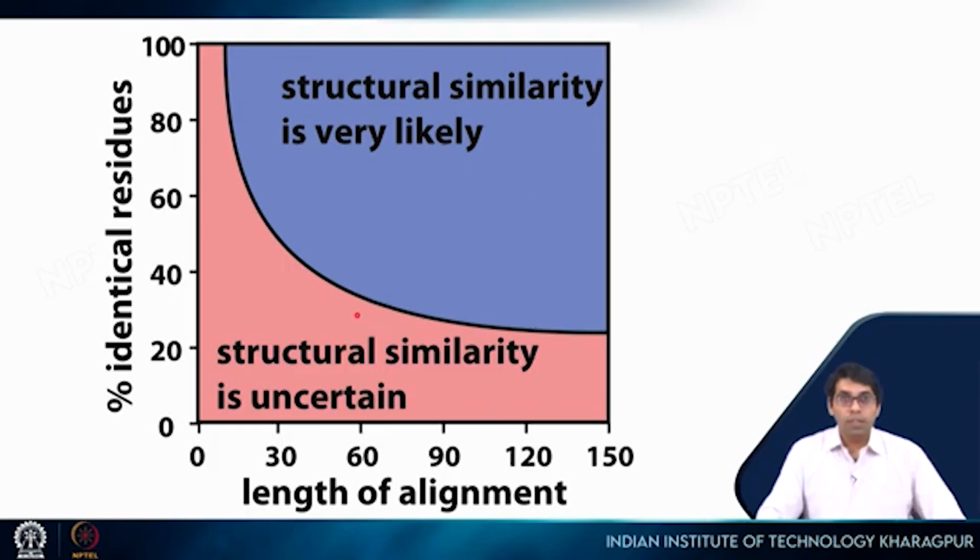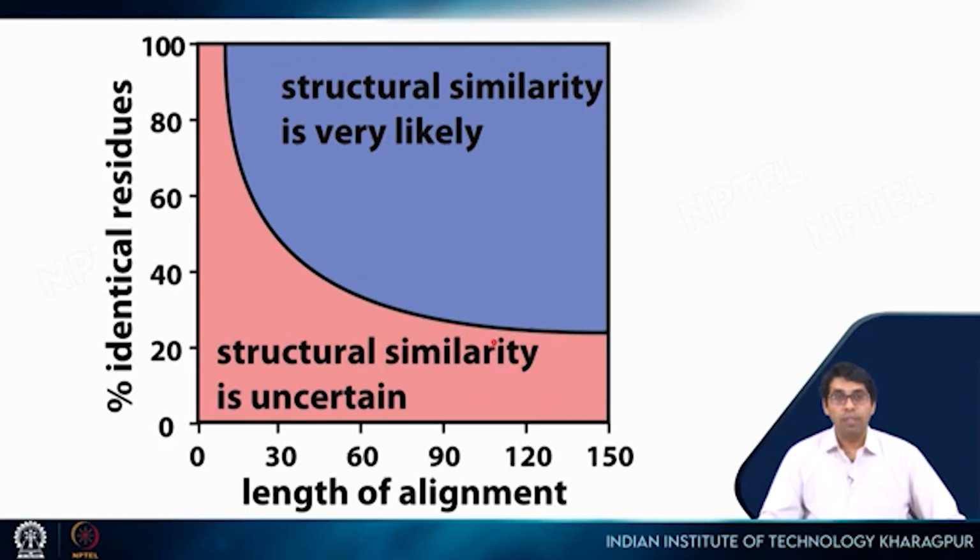So, it turns out that when we align two sequences, if the sequence is significantly long, more than, let us say 100 residues, and we end up with 10 or 20% similarity, chances of these two sequences to be structurally similar is very likely, right. Because you have two sequences which are 100 amino acid long and their sequence similarity is 20%, that happening by random chance is very less.